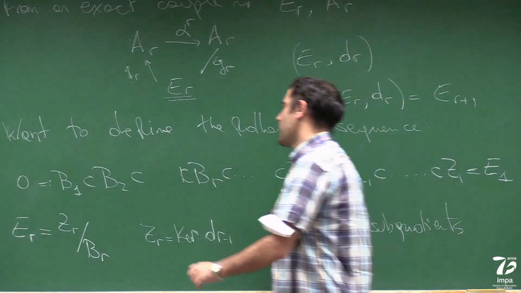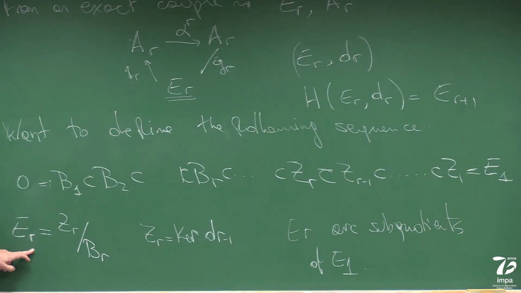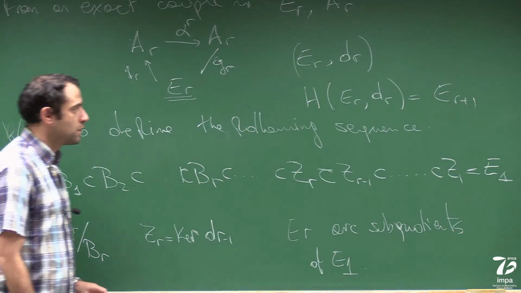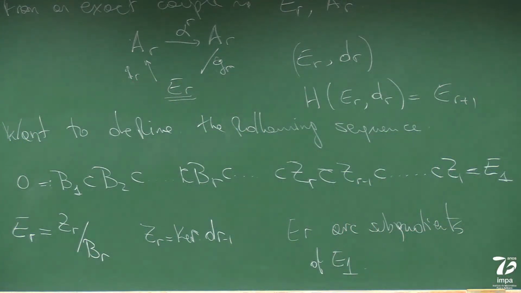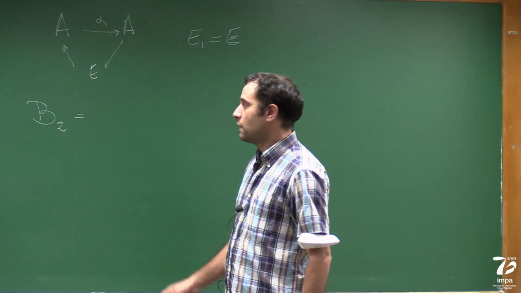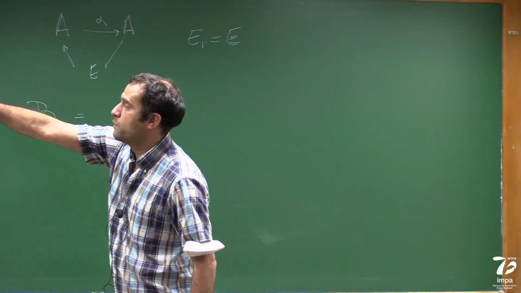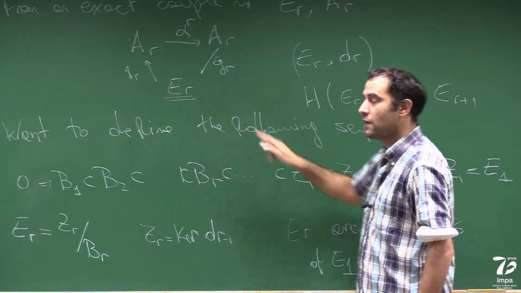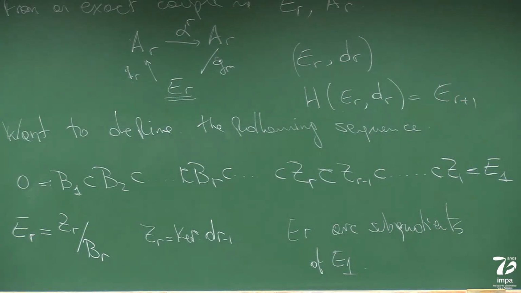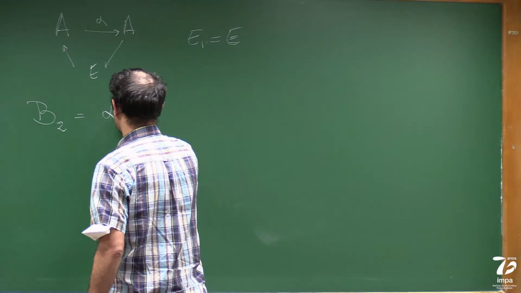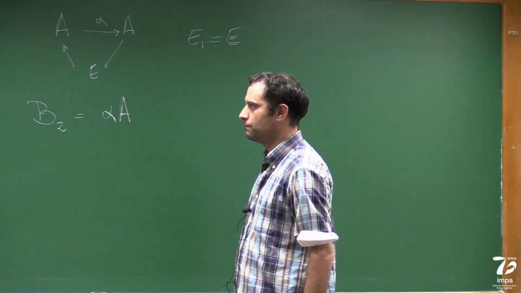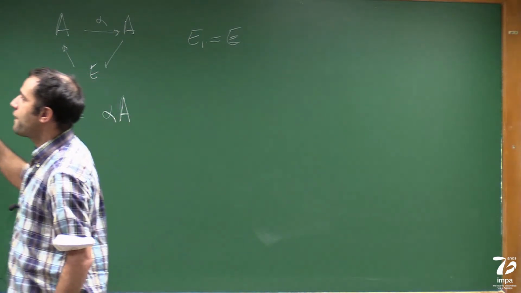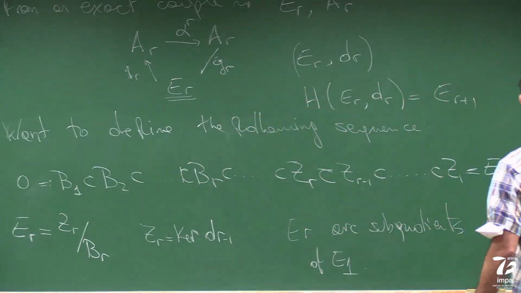Because what I want is that E_2 should be the homology of E_1, which is the kernel of the differential modulo the image of the differential. So what is the image of d_1? Well, we checked it here. Our differential is the composition of F and then G. And the image of d_1, therefore, is G of alpha of A. The point is that alpha of A lands here, and then I just map it by G.